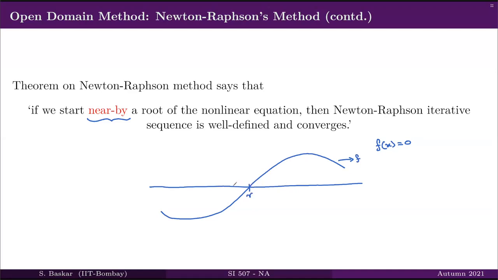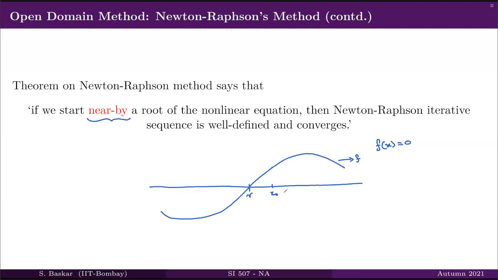So if I start my iteration very close to r, you can see that I can in fact converge to this. Say for instance, if I take here, then the first iteration will be here x1, and the second iteration will be something like this, x2, and so on, right? So it will start converging towards r.